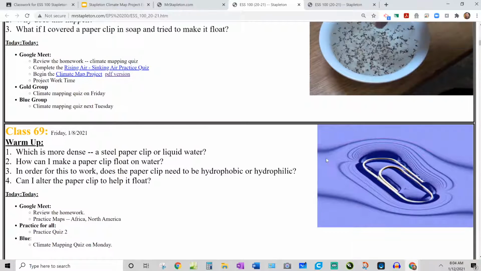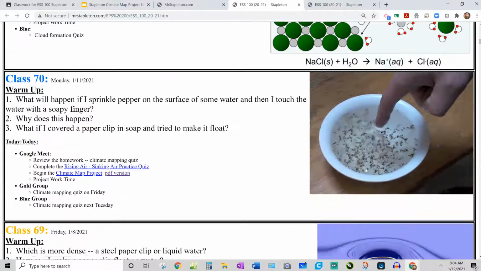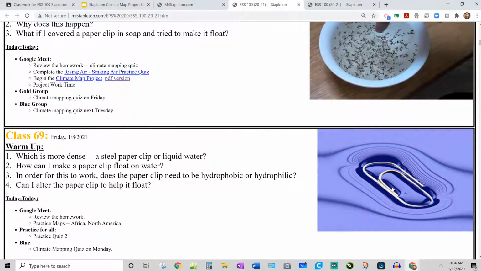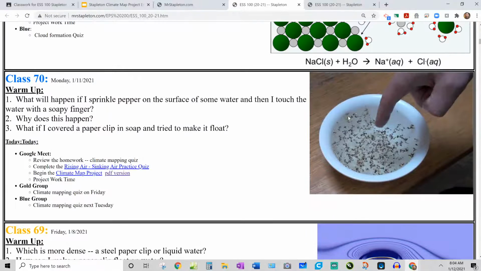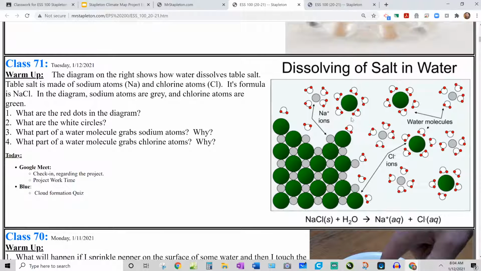And the attractions between water molecules, these little positive and negative charges, are important not only because you can make paper clips float on top of water and do this cool trick with soap, but that is what allows water to dissolve a lot of substances that are in rocks.